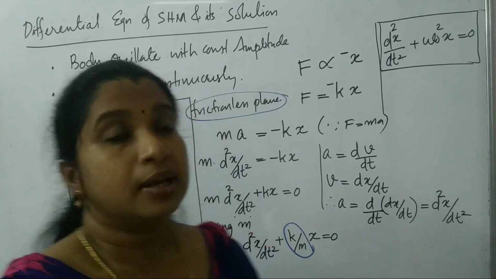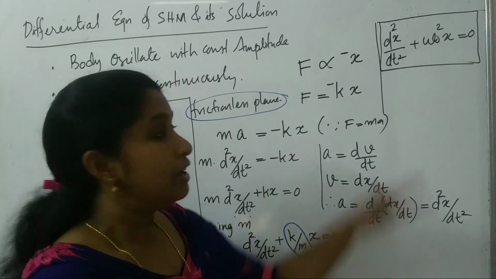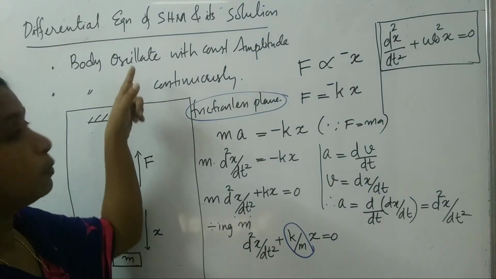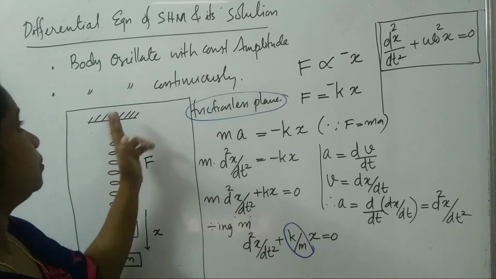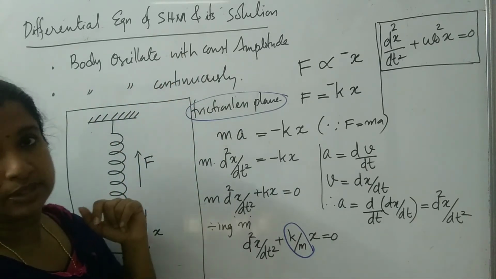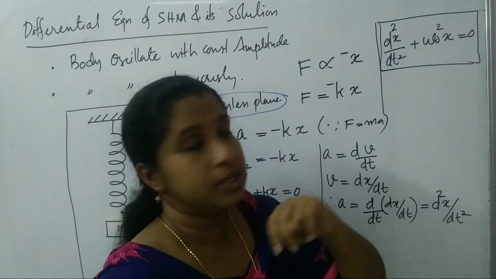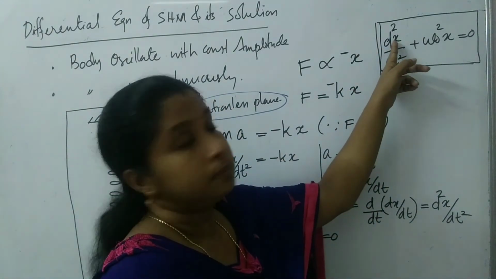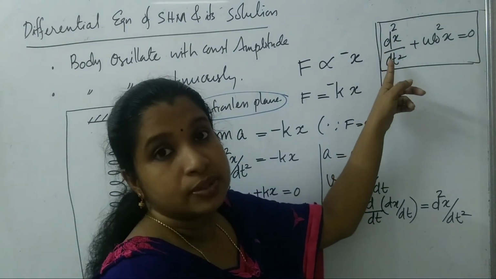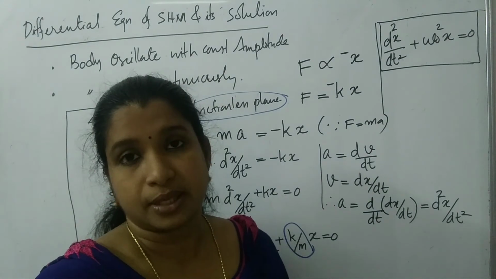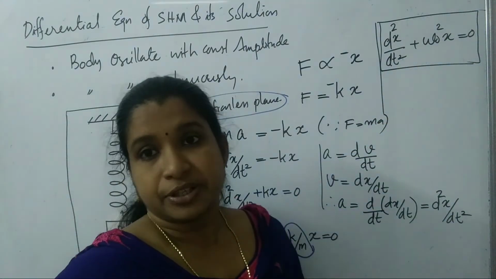Okay, so what is the meaning of this equation? From this equation, we can generalize two conditions: the body oscillates with constant amplitude, or the body oscillates continuously. But from this equation, we can only state that x is varying continuously with respect to time and the motion depends on a constant omega 0. This is a second order differential equation.